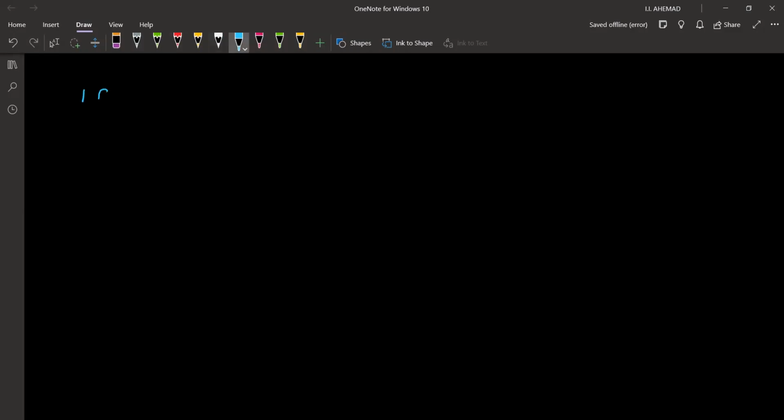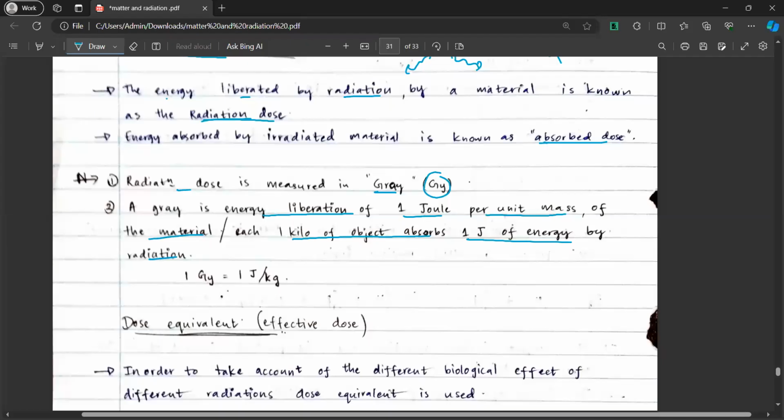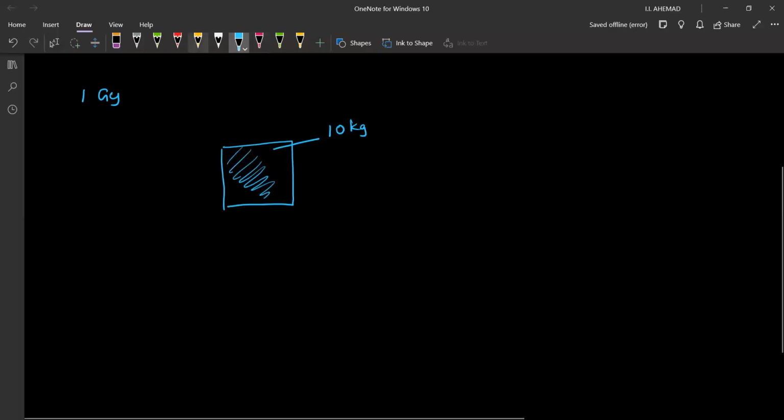When I say 1 gray of radiation, that means let's think of an object whose mass is 10 kilograms.